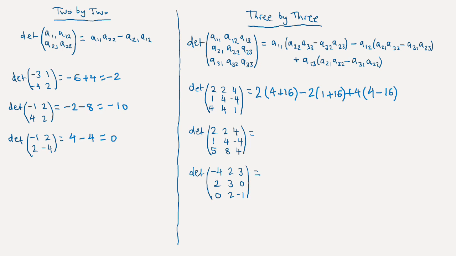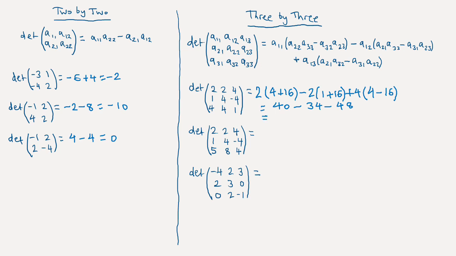And so what have we got here? We've got 2 times 20, so 40, and then we've got minus 2 times 17, 34, and then we've got 4 times minus 12. Okay, so what does all that come to?